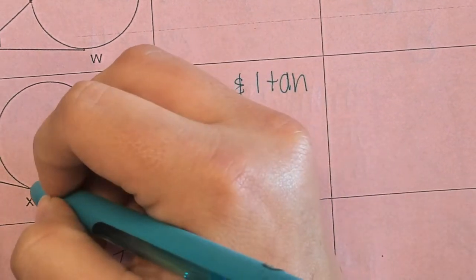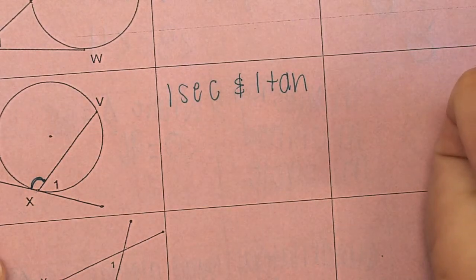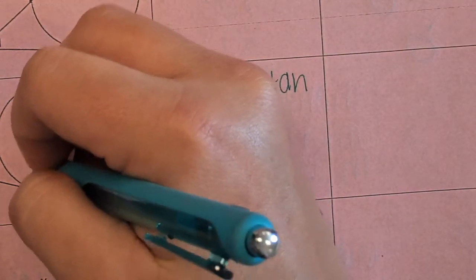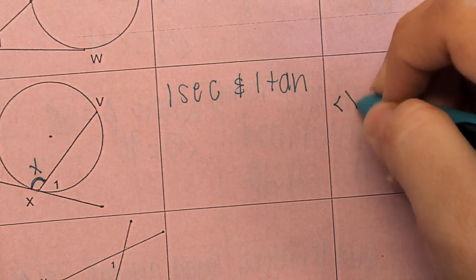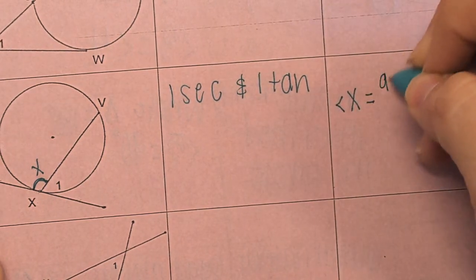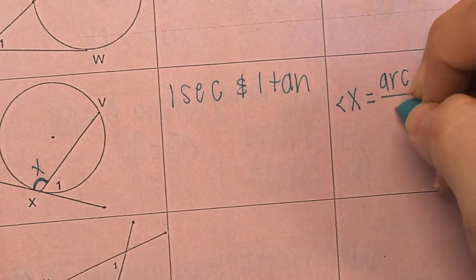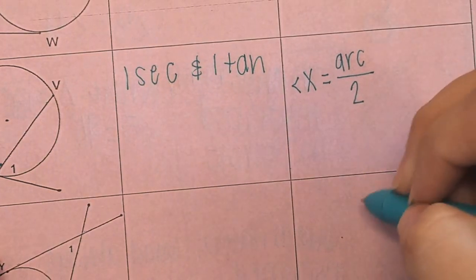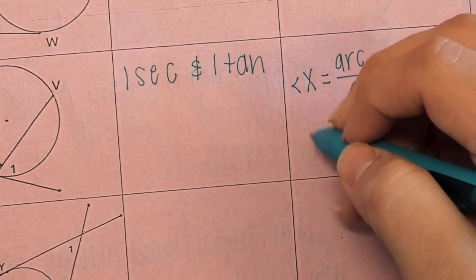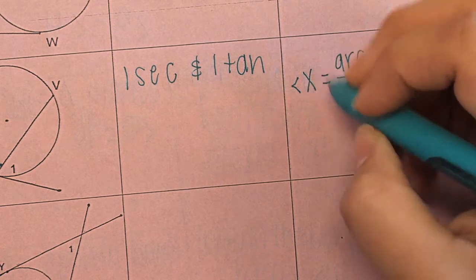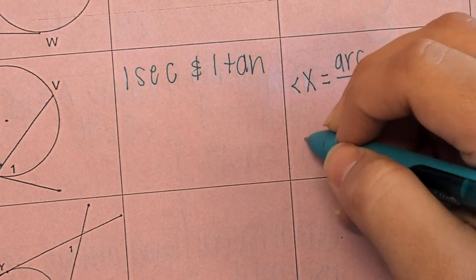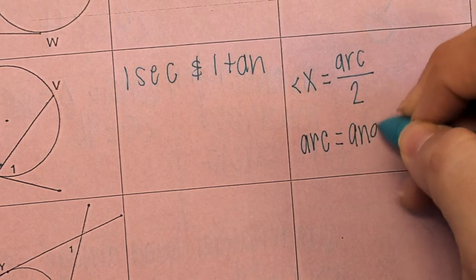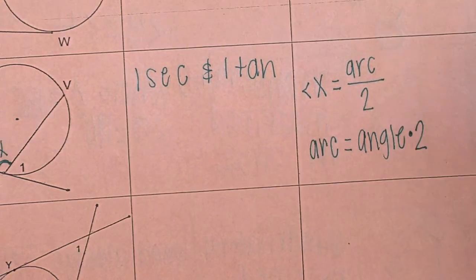To find the angle, let's say this is angle X. So to find angle X, you have to take the arc and divide by 2. And if you have the angle, you have to do the angle times 2, just like yesterday.